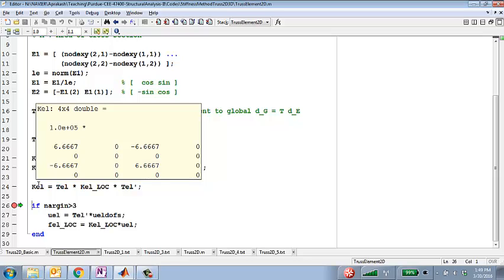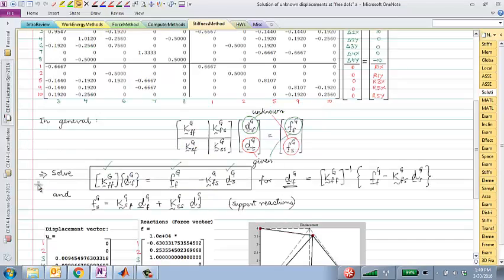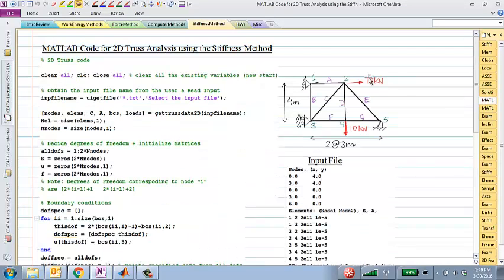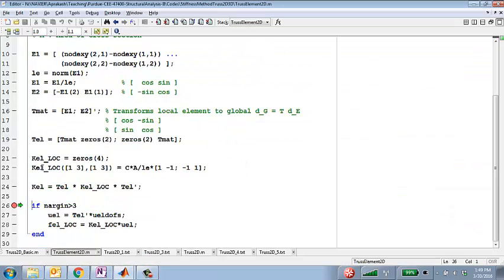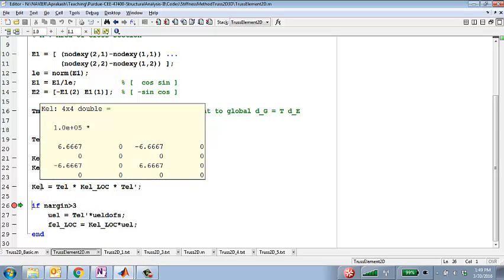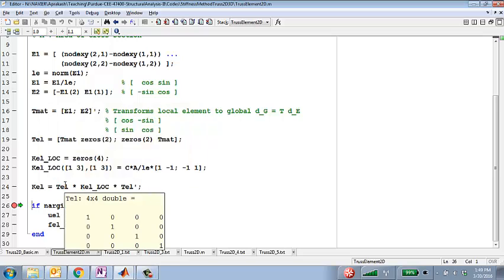And if you don't recall what element 1 was, maybe check your handouts. Element 1 is this element A, which is connected to nodes 1 and 2, oriented along the horizontal direction, where the local axis corresponds to the global axis. So indeed, that K local and this K global are exactly the same, because the transformation matrix is an identity matrix. Any matrix multiplied with an identity matrix gives you back the same matrix.